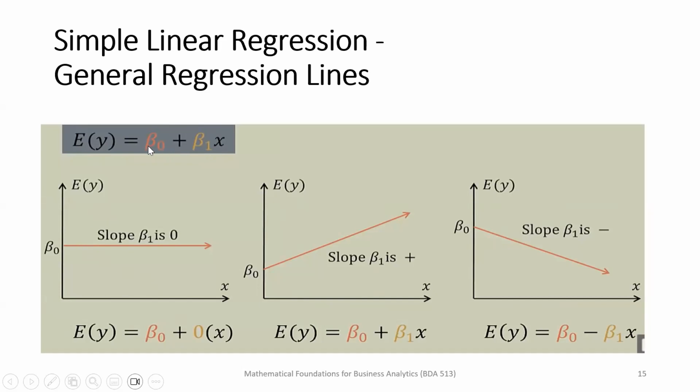The intercept is beta sub 0. That is if there is no other information on independent variables. How can I explain this?